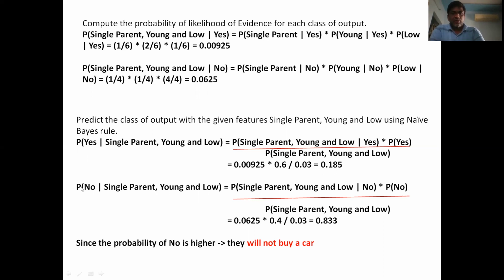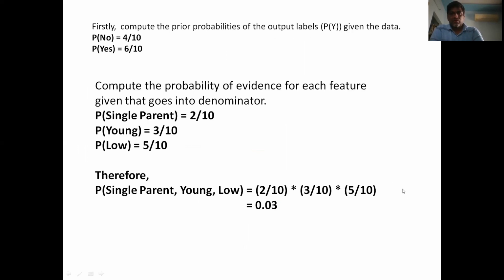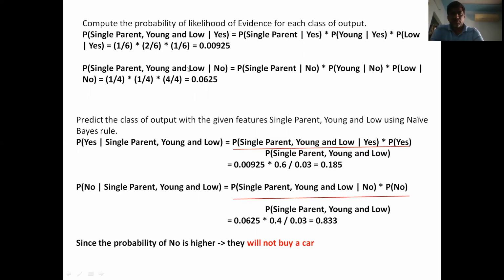Similarly, we will calculate probability of no given the features single parent comma young and low, with the formula probability of single parent comma young and low given no into probability of no. So again we are going to multiply 0.0625, this we calculated here, 0.0625 into probability of no, which we calculated in the first step. It is 4 by 10, that is 0.4, by 0.03. So this gives us 0.833.